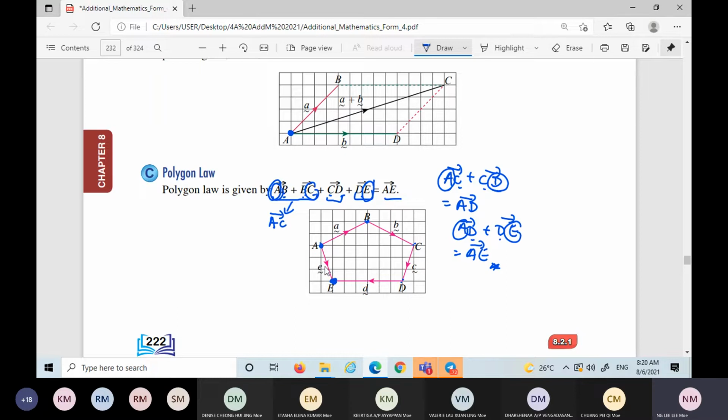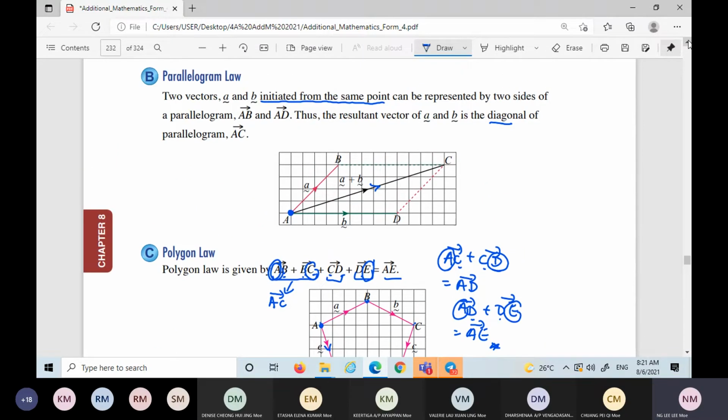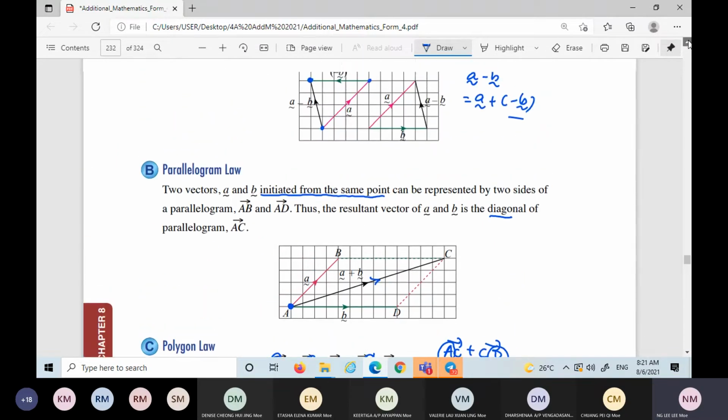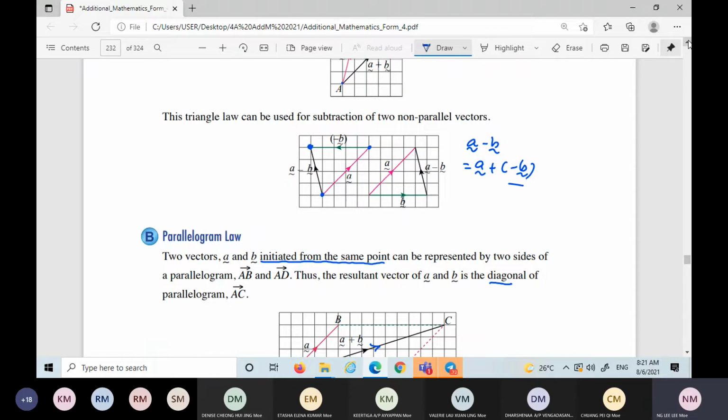For the resultant vector, it's better that you put a double arrow. It's easier to know which one is the single vector and which one is the resultant vector. For this also the same, put a double arrow, so it's easier to differentiate which is the original single vector and which is the resultant vector. This one the same, this is a resultant vector.